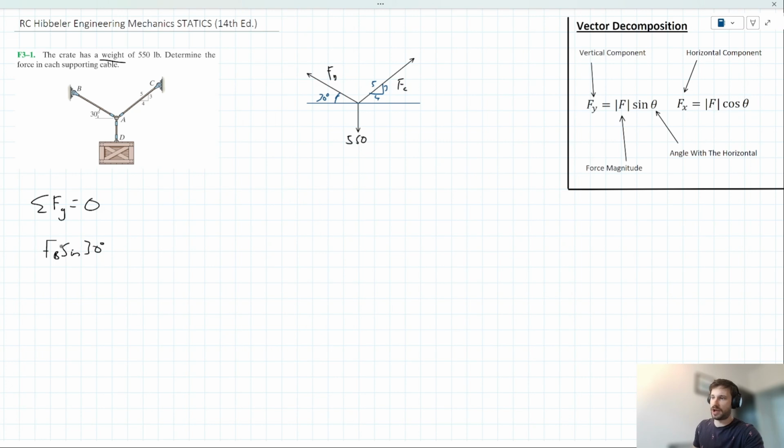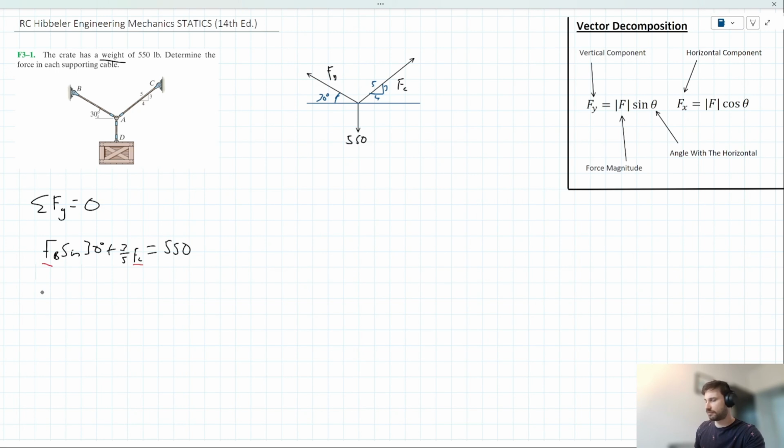If you're unsure where this comes from, it's written in the top right, this little shortcut. So we've got FB sine 30 acting up, and also 3/5 of FC acting up. What's acting down? We've got this 550 pound force. Is this solvable yet? Well, no. We've got two unknowns here, FC and FB.